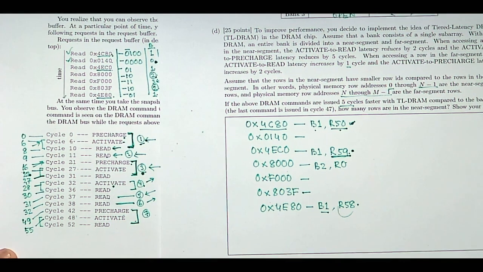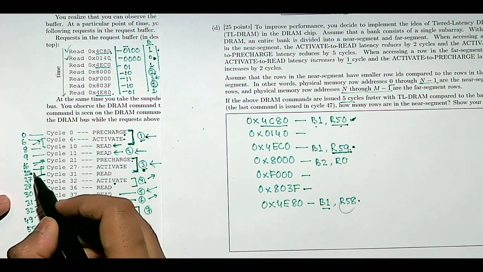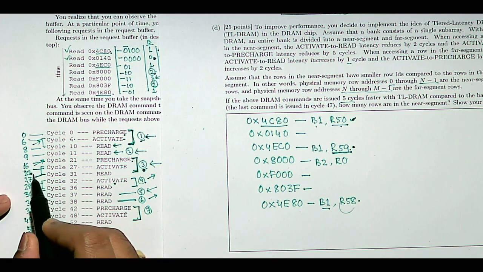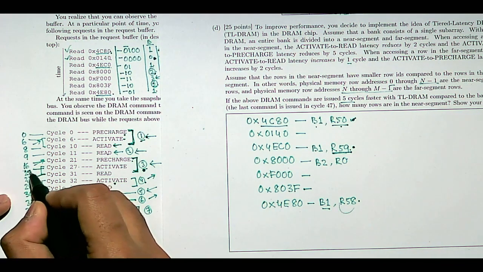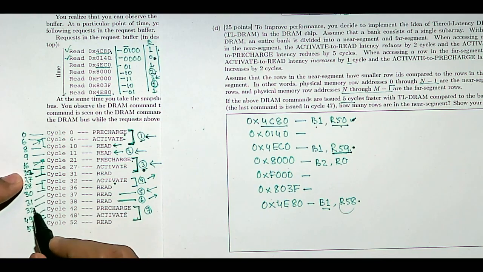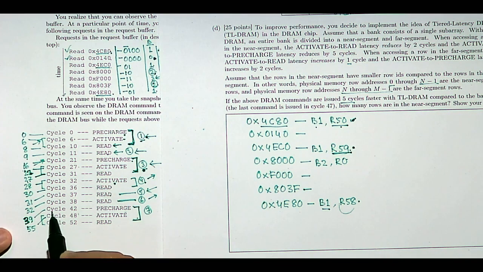You added your activate to pre-charge latency to... Oh, I'm sorry. So this should be 22 plus 17. This one is 22, and I actually added from 32. So this should be 22 plus 17, 39. Does it make sense? Okay. Oh, thank God. So this is 39.